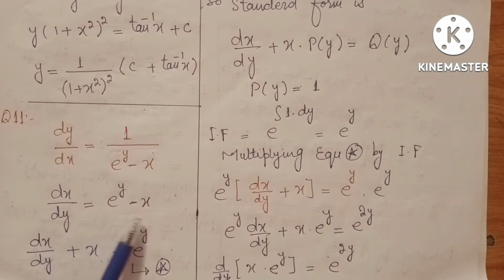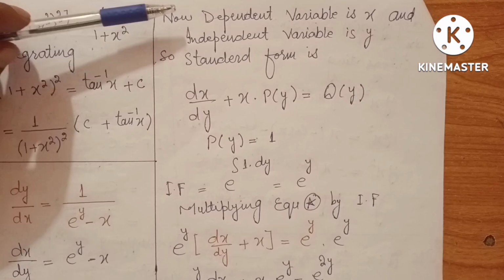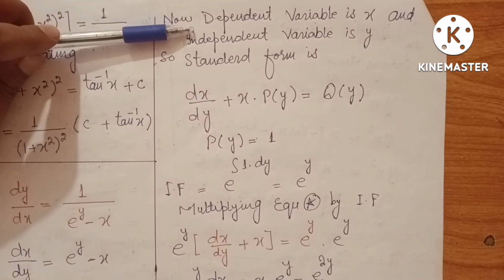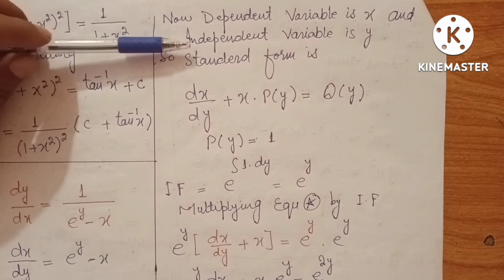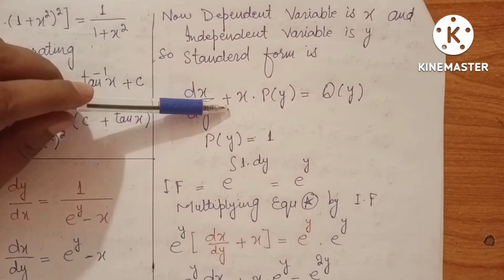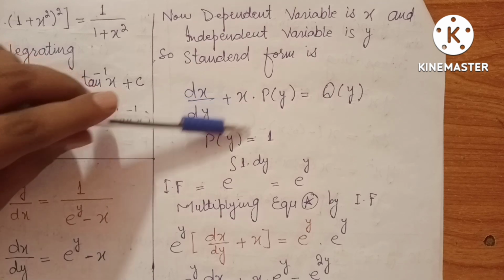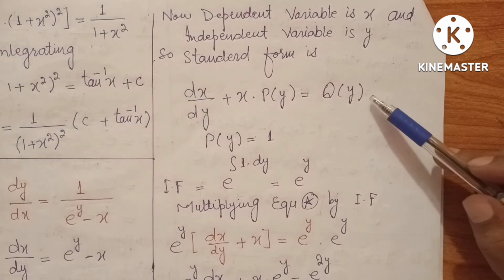Add plus x on both the sides, we will get dx over dy plus x is equal to e raised to power y. Now dependent variable is x and independent variable is y. So standard form will be dx over dy plus x into function of y is equal to function of y.